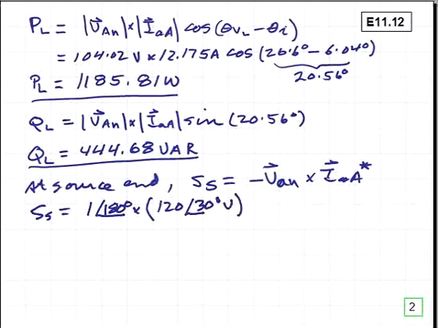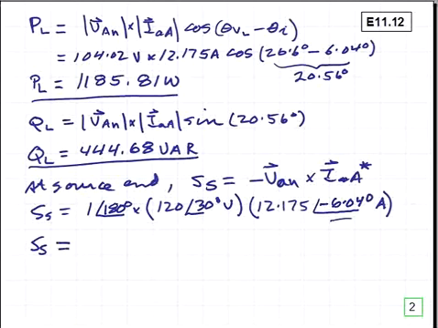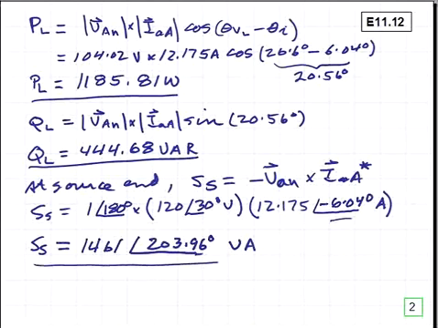That was a solution from Learning Assessment Problem 11.3, and then this current, which has a negative angle associated with the current phase angle because of that complex conjugate operation. When we do the mathematics here, S sub S is equal to 1461 at an angle of 203.96 degrees volt amperes. So that's the power absorbed at the source end of the circuit.